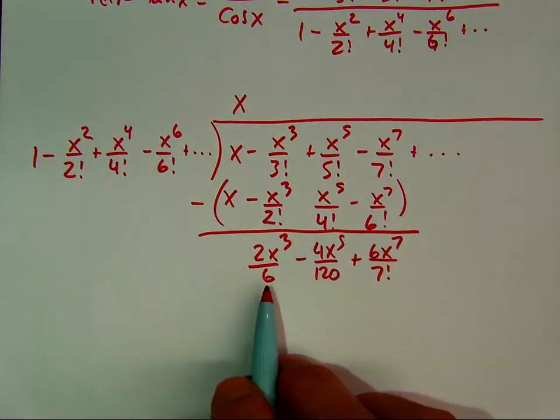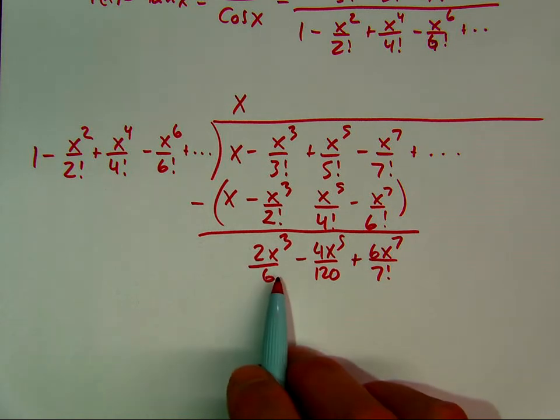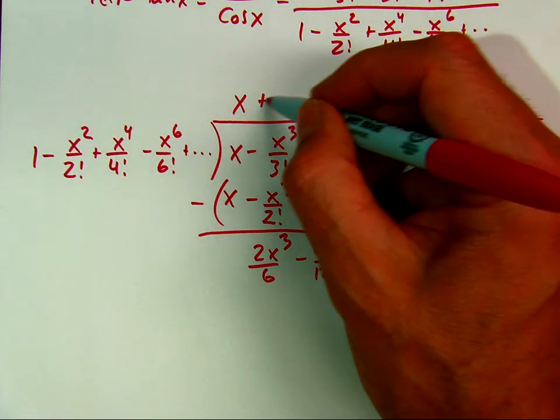Now that's a 1/3, so we'll multiply by 1/3 x cubed.